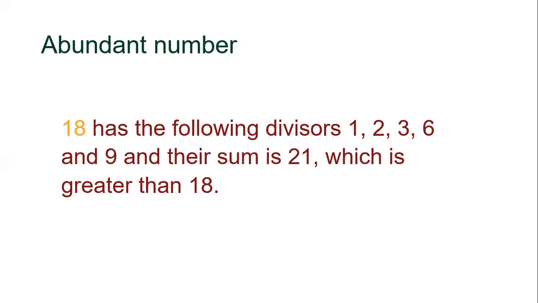Again, actually 18 has another divisor, which is 18, but that is an exception, except the number itself. So the sum of 1, 2, 3, 6, and 9 is 21, which is greater than 18, that is an abundant number.